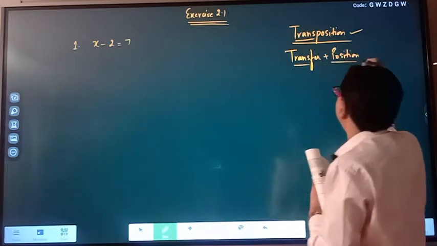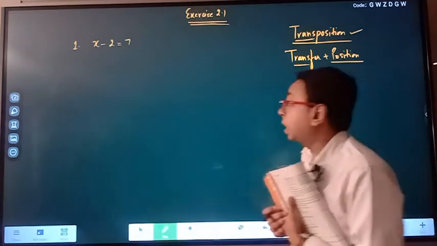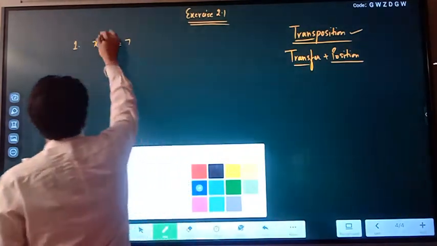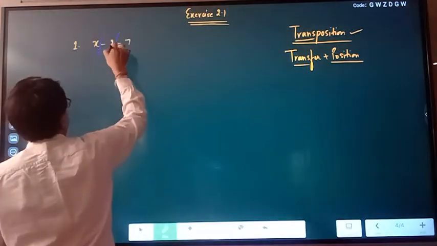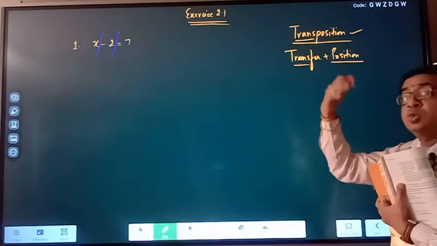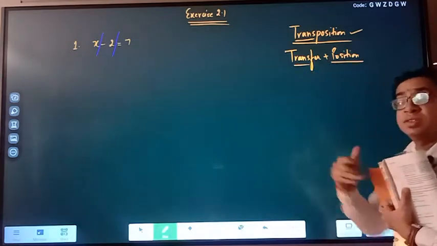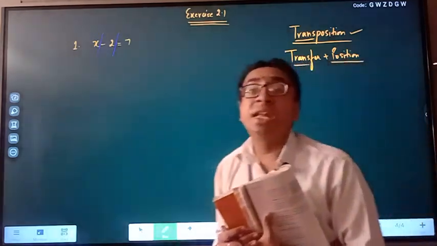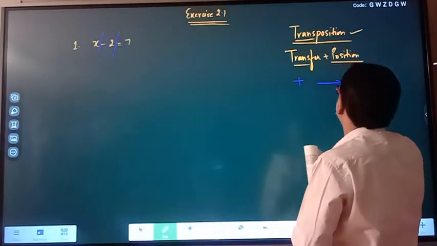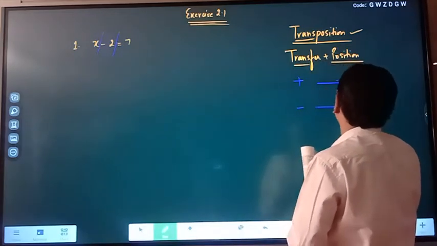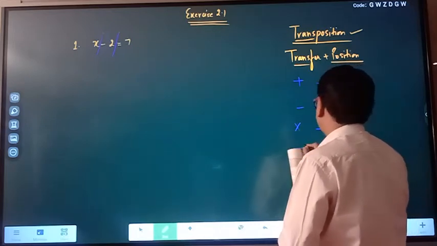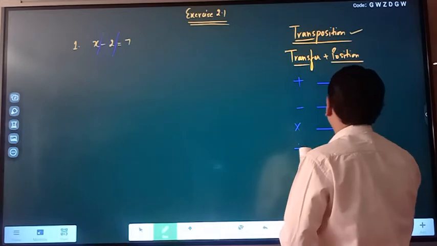When we transfer the position of a term, I told you, this is one term, this is another term. So when we transfer a term from LHS to RHS or from RHS to LHS, the sign of the term changes. Therefore, plus will become minus, minus will become plus, multiplication will become division, and division will become multiplication.